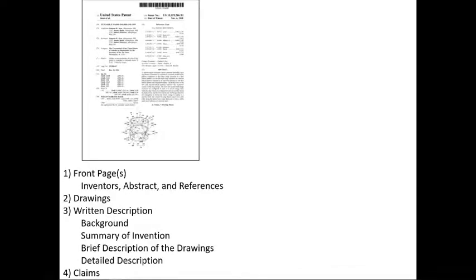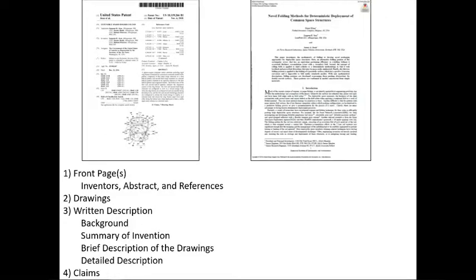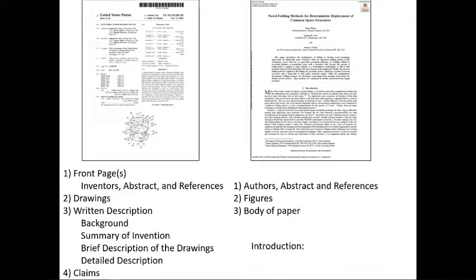Now, for scientists out there, you might start thinking to yourself, hey, this stuff in a published patent is similar in many ways to my research publication. In a research publication, you're going to have a part that lists the authors, the abstract, and the references.